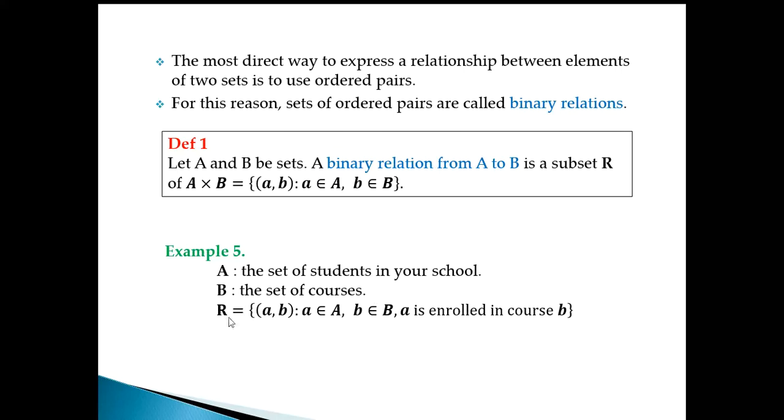Our relation is defined as: A is enrolled in course B. The ordered pairs that satisfy this condition are in our relation R.